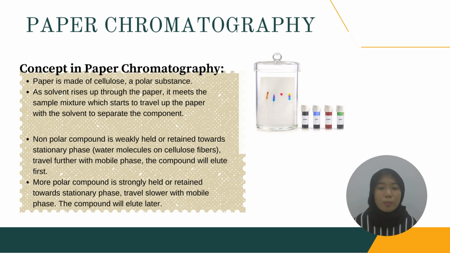The nonpolar compound is weakly held or retained toward the stationary phase, the water molecules on cellulose fiber, so it travels further with the mobile phase and elutes first. The more polar compound is strongly held toward the stationary phase, travels slower with the mobile phase, and elutes later.